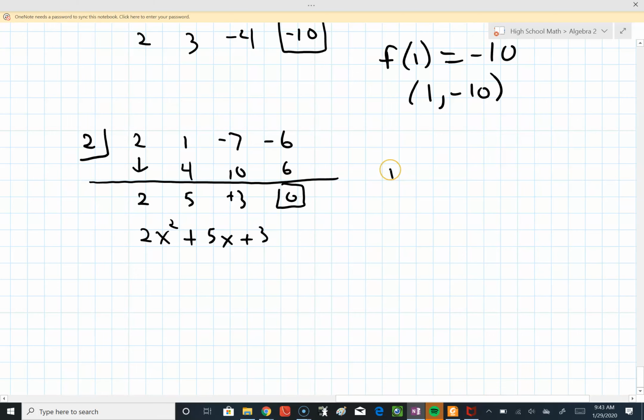My initial function was f of x equals 2x cubed plus x minus 7 minus 6. How can I currently write this as a product of a linear factor and a quadratic?